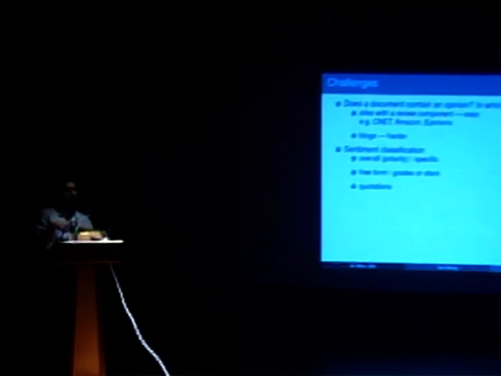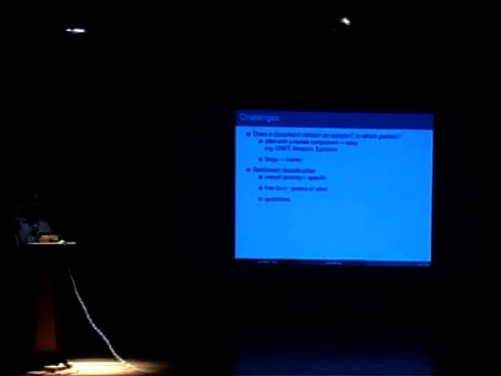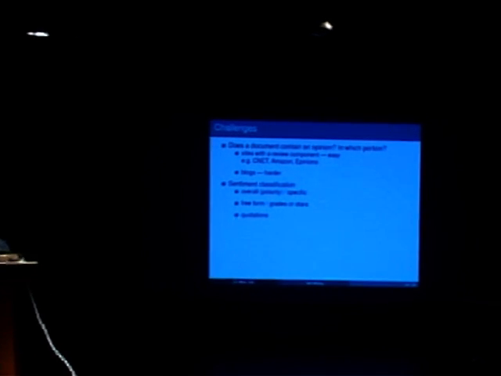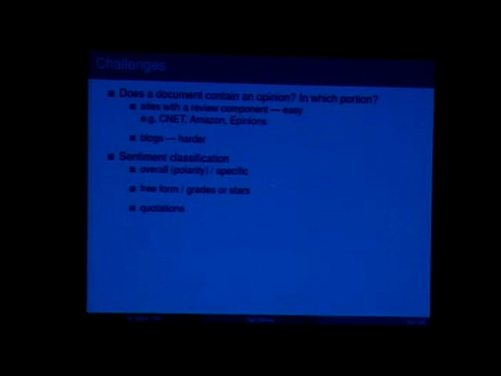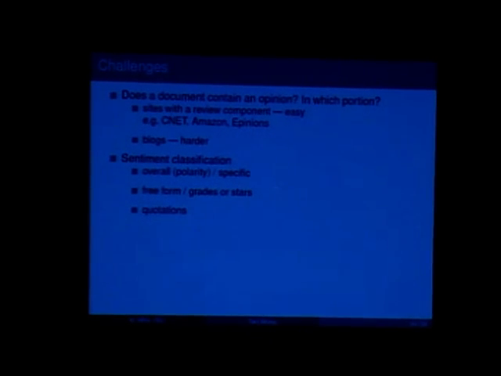Ideally you want to identify that opinion as belonging to somebody else rather than to the particular reviewer. Somebody might say XYZ said such and such thing about this movie, but I think he's wrong.